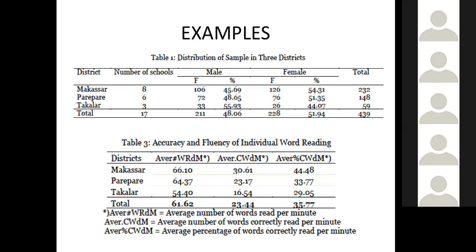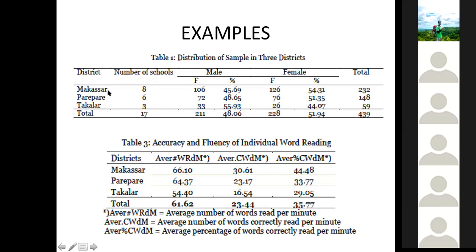And this is an example of a table that can show the data in a meaningful way. For example, this is from a research article. The number of samples of the research: from Makassar, there are 8 schools, from Parepare 6 schools, and Takalar 3 schools.